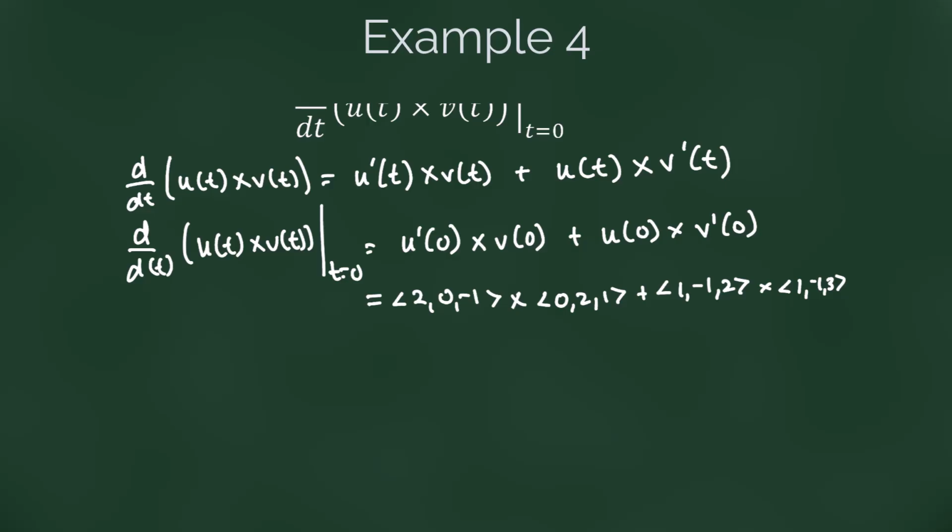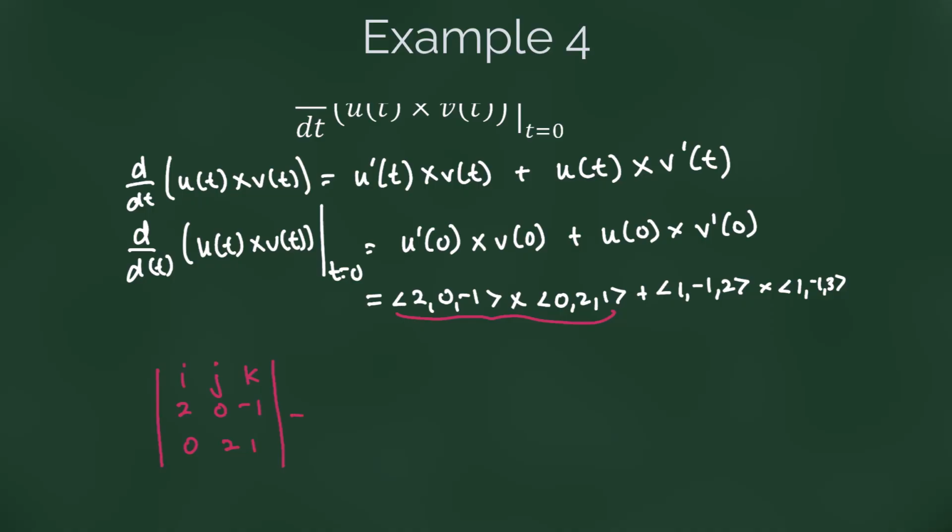We'll do this one first. That is going to be 2, 0, negative 1, 0, 2, 1. So the reason you have to be careful about the order of these is notice that in the determinants, you'll end up with negative values if you reverse the rows.